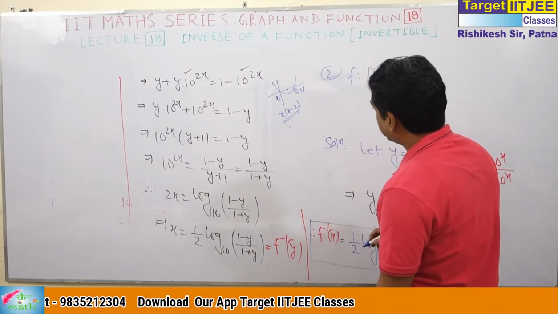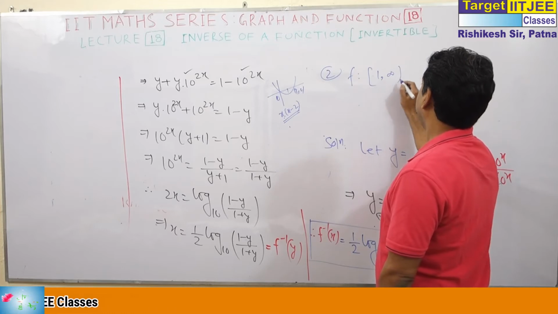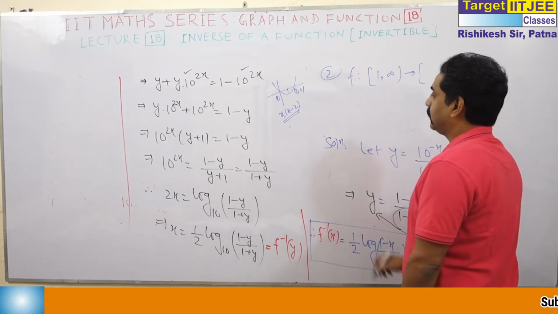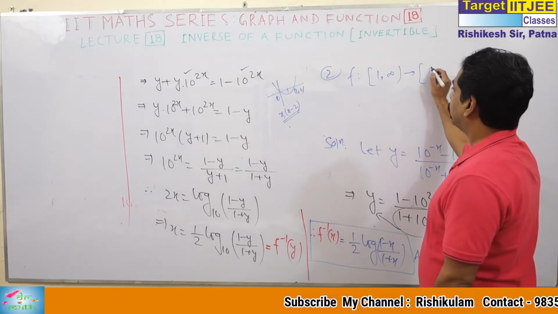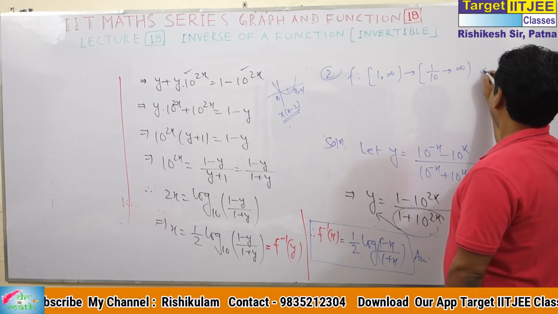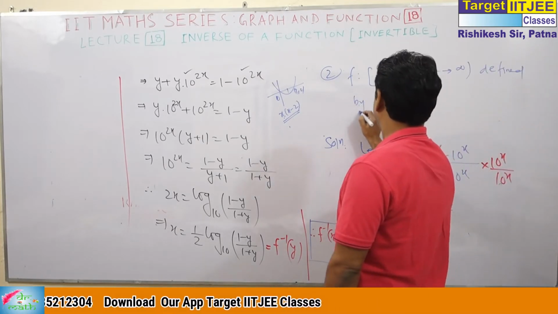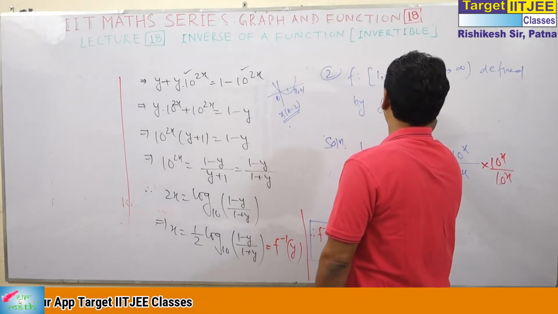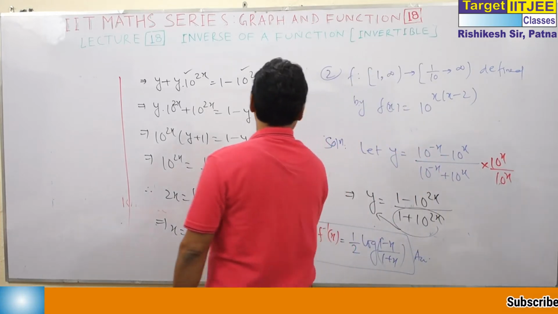So suppose f from [1, infinity) to [1 by 10, infinity) is defined by f(x) is equal to 10 to the power x(x minus 2).